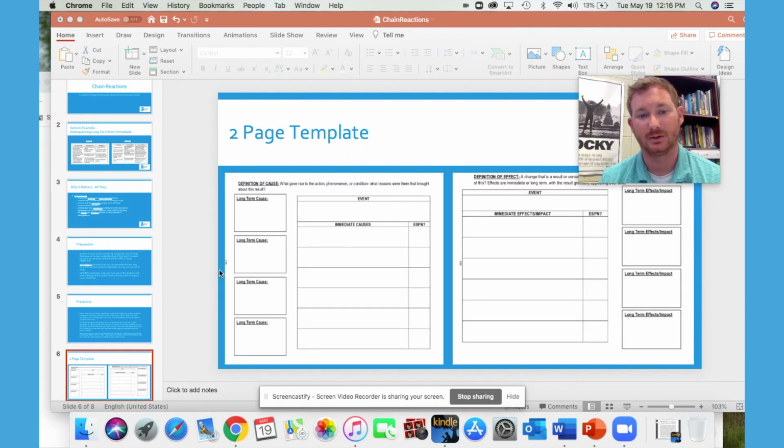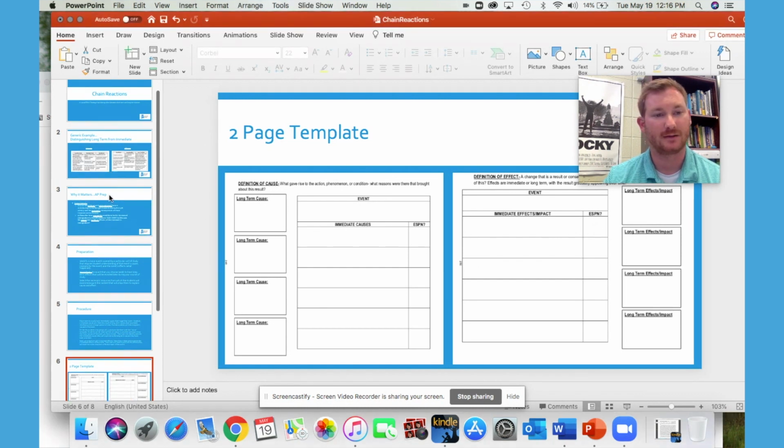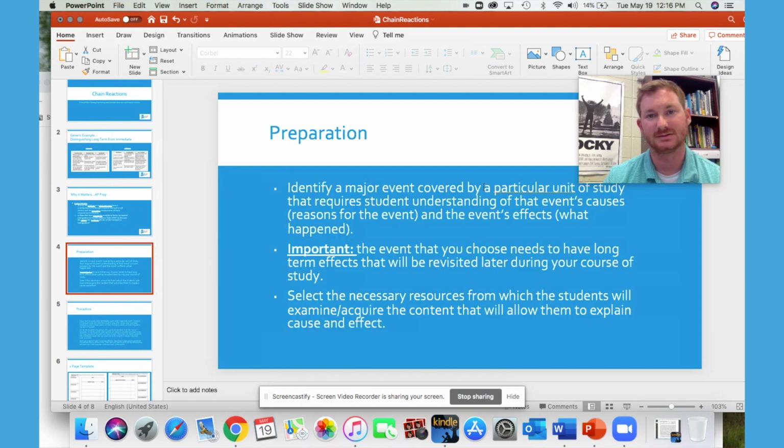So let's look at the template. The template has places for them to explain immediate causes and long-term causes, and same with the effect template, and then identify those causes and effects as economic, social, political, or environmental factors. So to prepare for this, what you're going to do is identify a major event that, of course, has major cause and effect reasons for the event and impacts of the event.